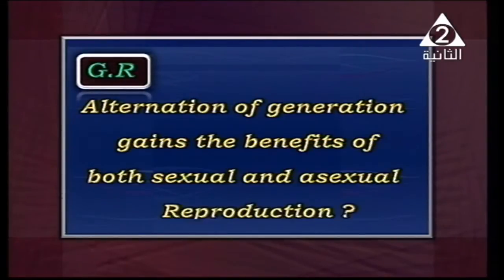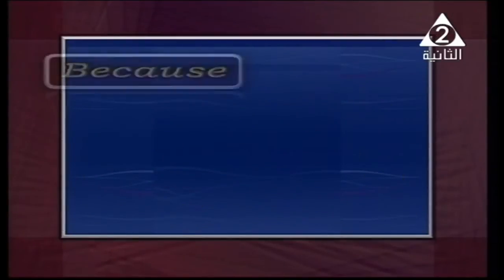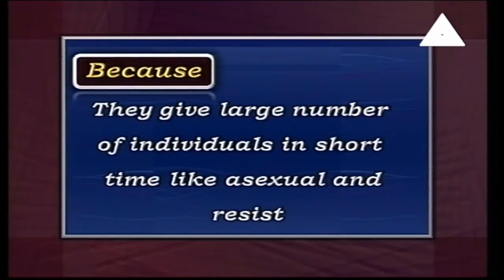So I'm going to ask you to give a reason why alternation of generation gains the benefits of both sexual and asexual reproduction. What do you say about that? I need to squeeze your mind. Asexual reproduction is good for propagation and distribution in large numbers, because it gives a large number of individuals in a short time.